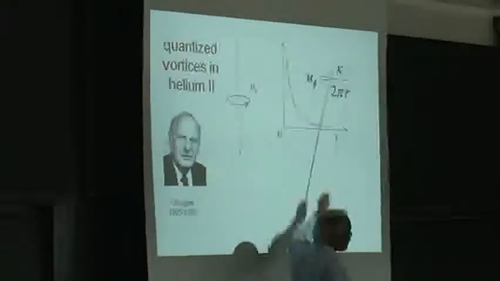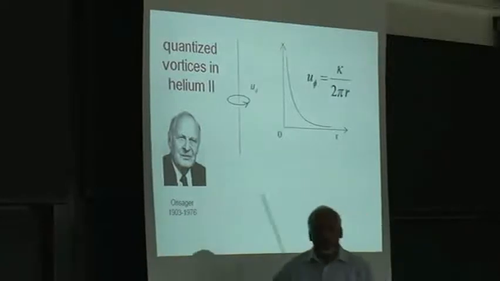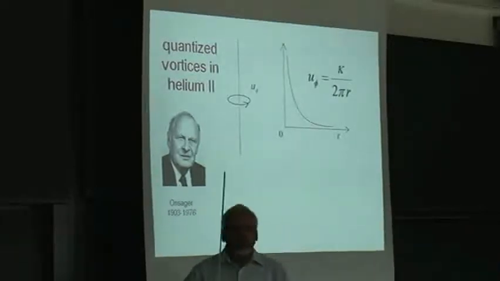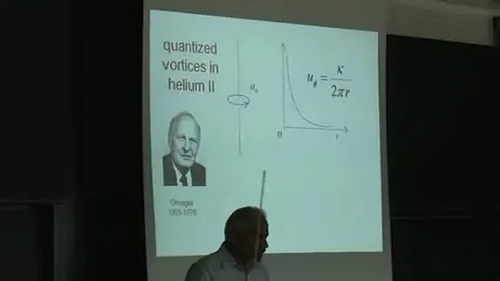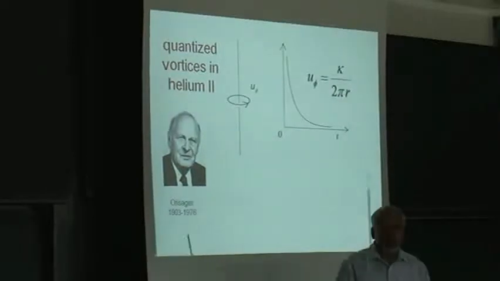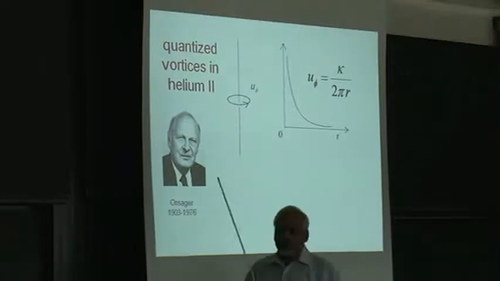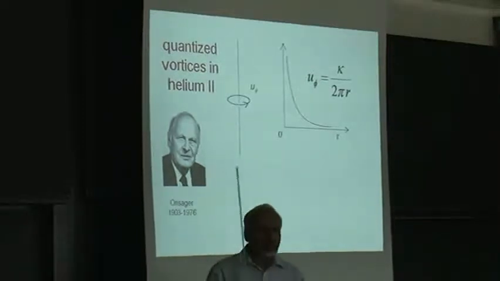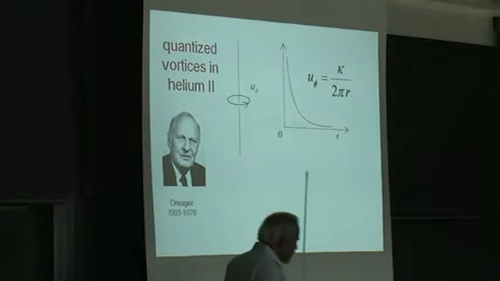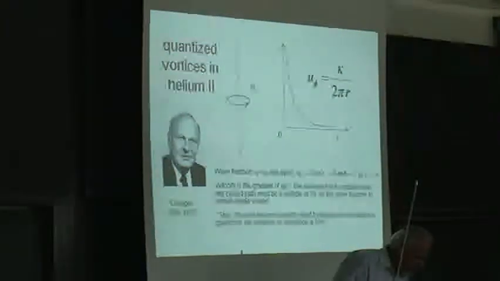This circulation that describes the strength of these vortices is quantized. That is, it does not have any arbitrary value, but it has a value that depends on Planck's constant divided by the mass of the helium atom. So you have to think of these line vortices with fixed circulation around them, not arbitrary circulation, and somehow interacting with each other.